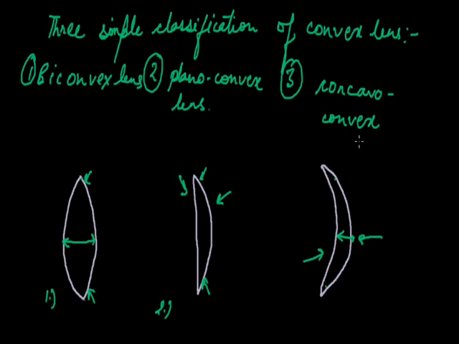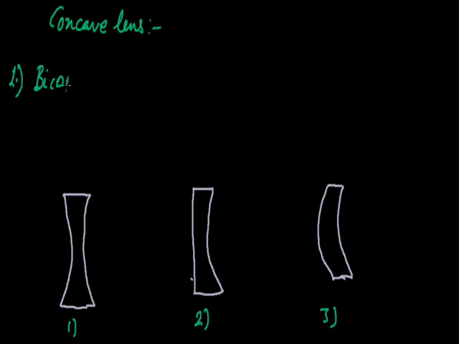If we talk about the second class, which is the concave lens, we can divide it again into three simple classes. First is this, in which you can see that the two surfaces are spherical, where the two surfaces are the part of a sphere, and this concave lens is said to be biconcave lens, or simply the concave lens.